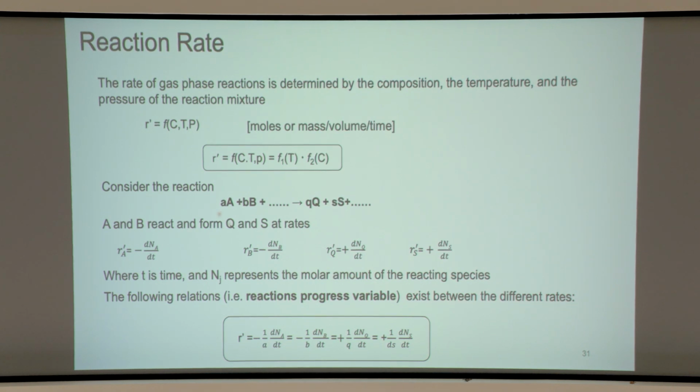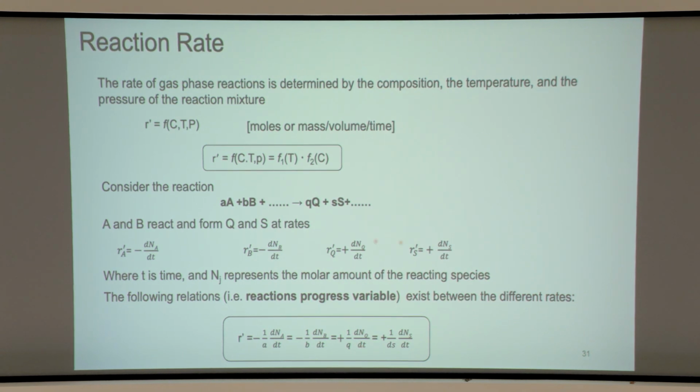And depending on the stoichiometry of the reaction, the progress variable determines how everything else is converted as well. So 1 over a for every, let's say, lowercase a of reactant A that reacts, then the stoichiometric proportion for reactant B has to react.